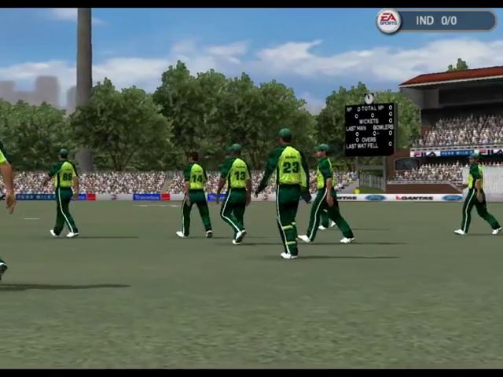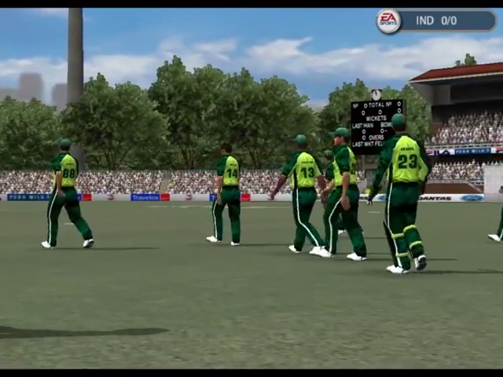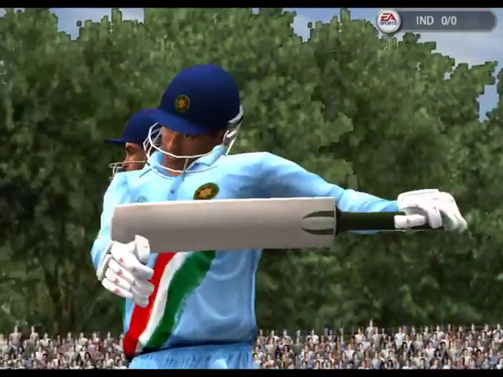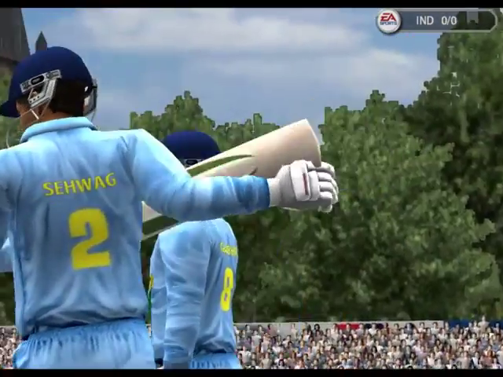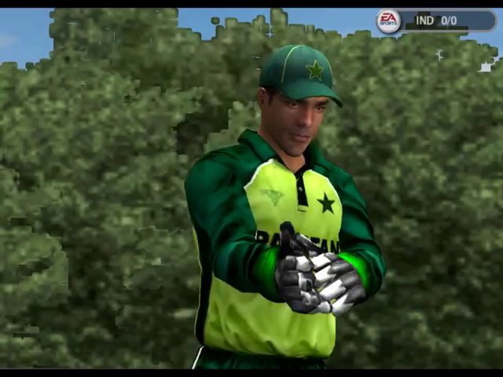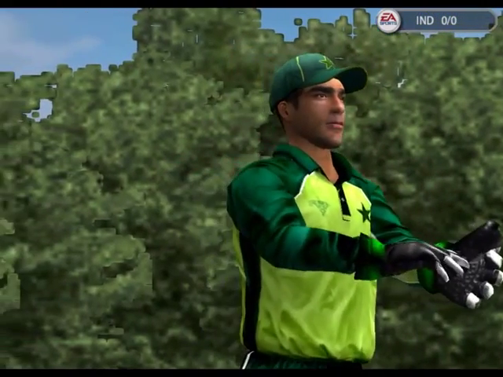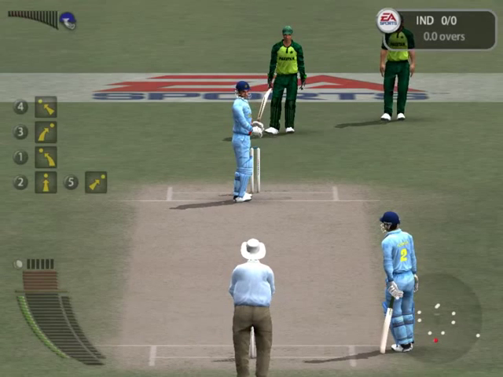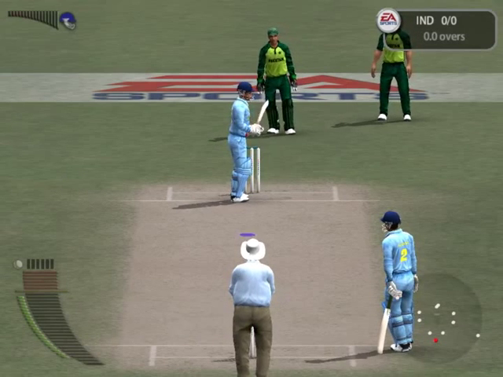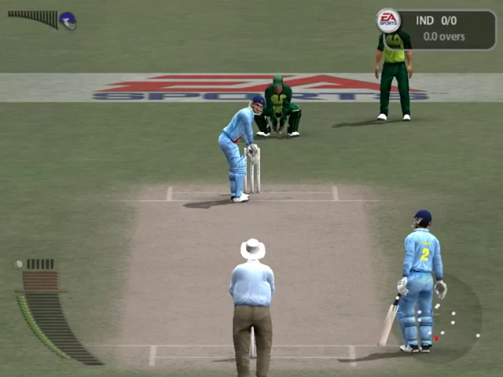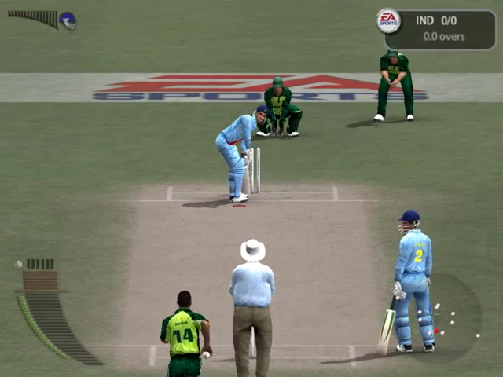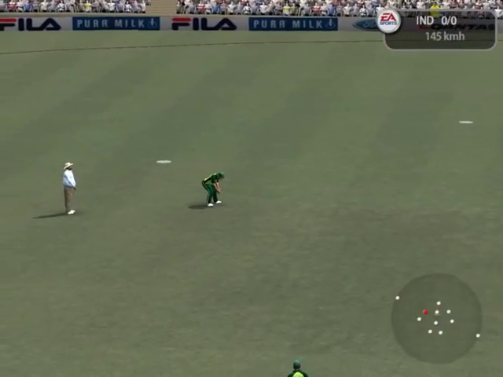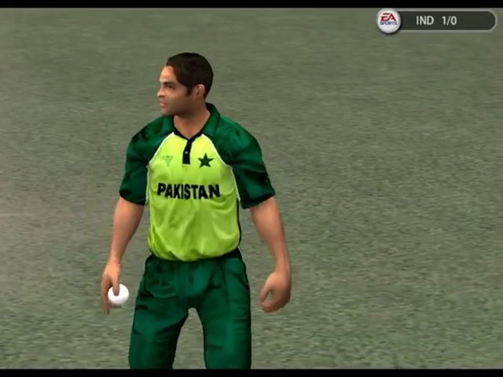India are about to start their innings. No ball by Shoaib. He's been very fortunate there. Out off a no ball.